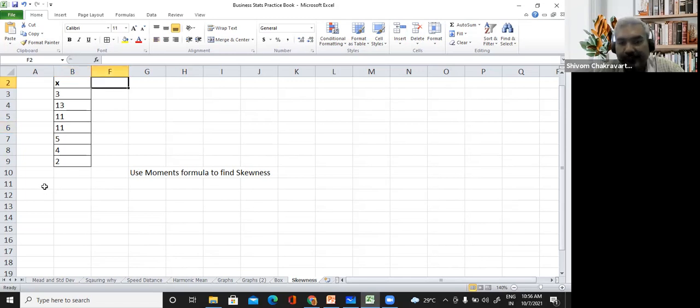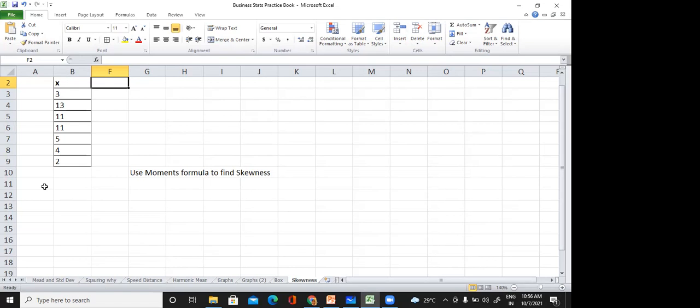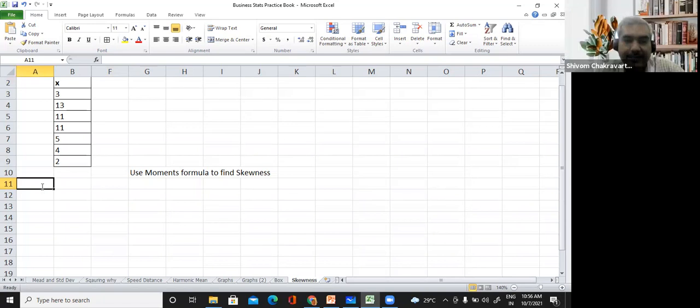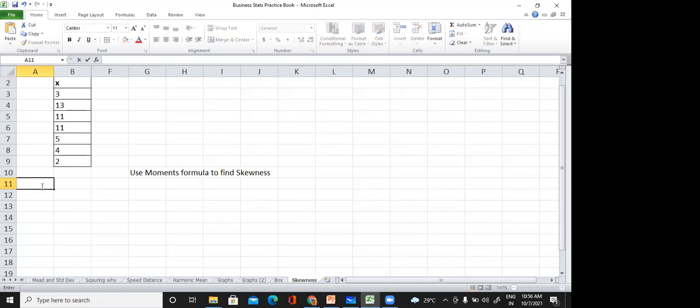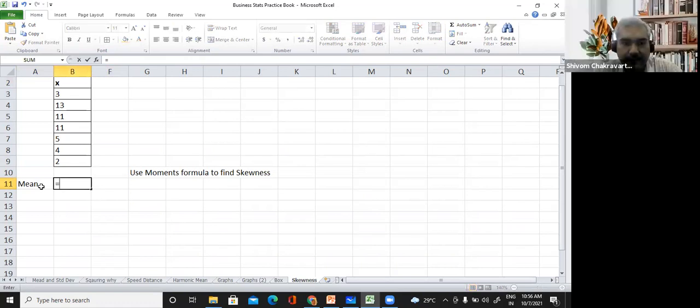First, to do all the calculations, we will need the mean, the average. Mean will be the sum of all these, 3, 13, 11 and so on, divided by how many numbers there are. 7 numbers, so divided by 7.